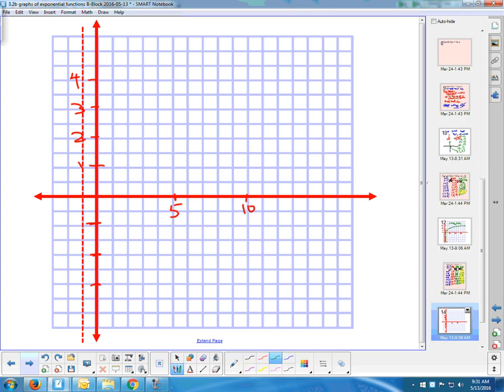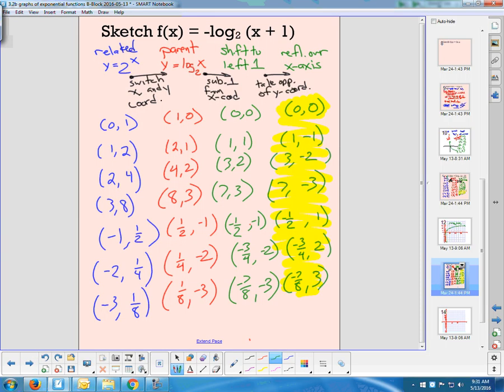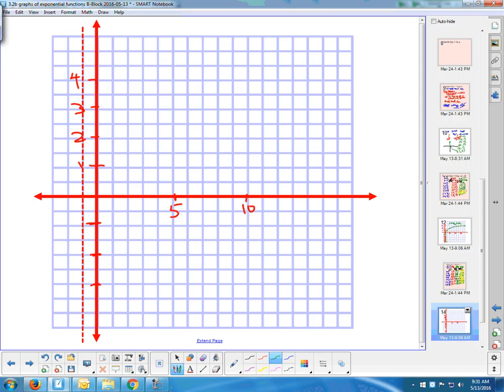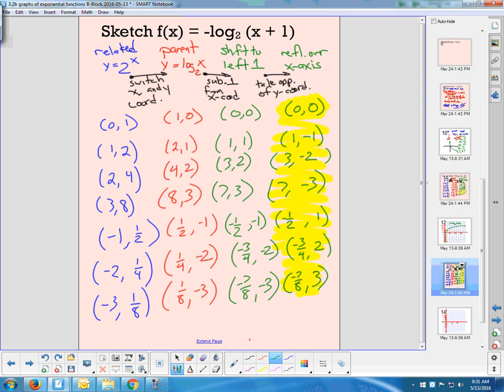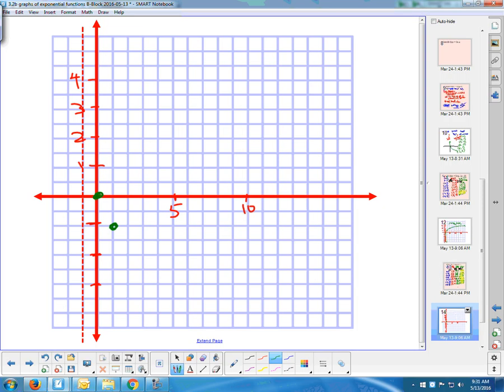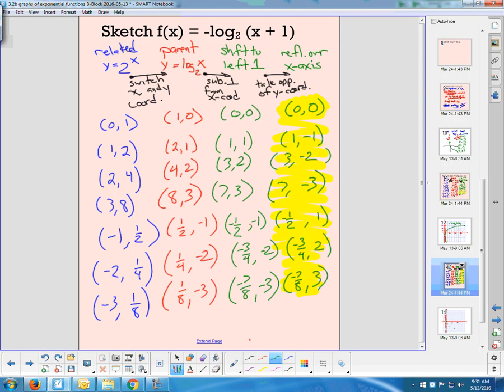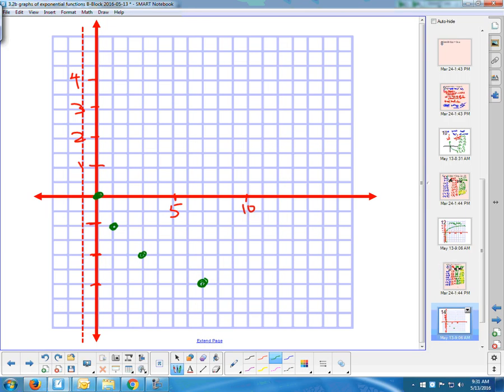And now I'm just going to go through and plot my points. I'm going to do some screen flipping here because I don't have the points right on my screen. So (0, 0), and (1, -1). (3, -2), (7, -3). (-1/2, 1), (-3/4, 2), and (-7/8, 3).